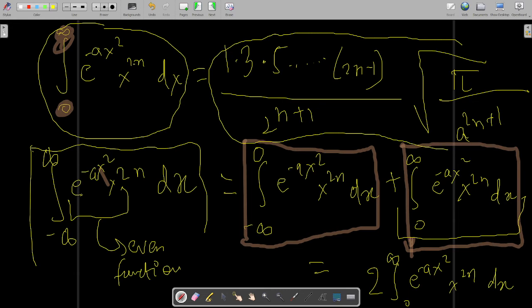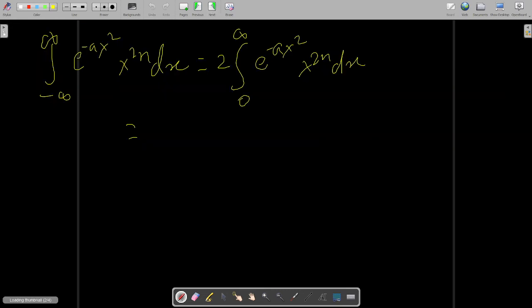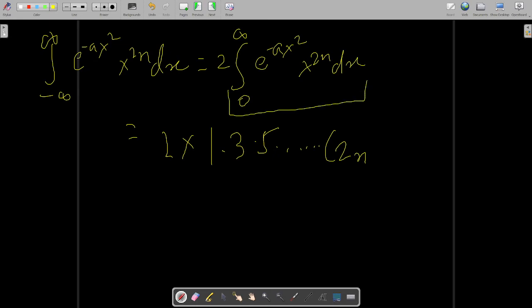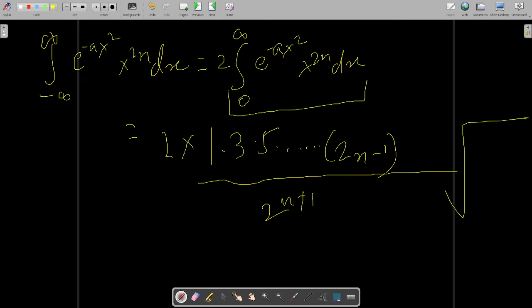Because this is the term which we found out in the previous slide, I can clearly write it, divided by 2 to the power n plus 1, square root of pi over a to the power 2n plus 1.